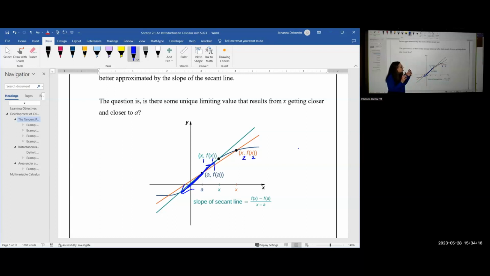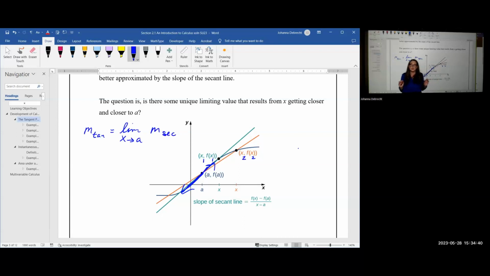So as this x value gets close to A, the slope of the secant line approaches the slope of the tangent line. And we would write that the slope of the tangent line is equal to the limit, as x gets close to a, of the slope of the secant line.